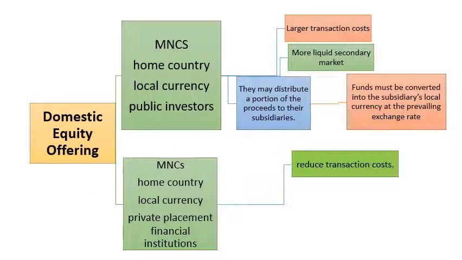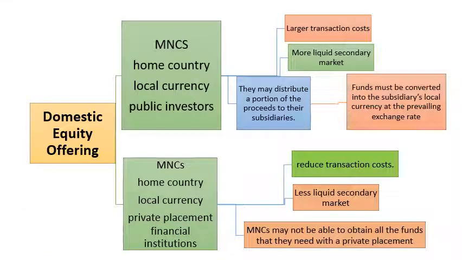It involves lower transaction costs, but investors face a liquidity risk because the equity may be subject to conditions regarding its resale. The second disadvantage of private placement is that multinational corporations may not be able to obtain all the funds that they need using private placement.